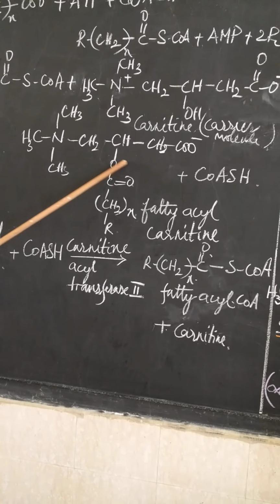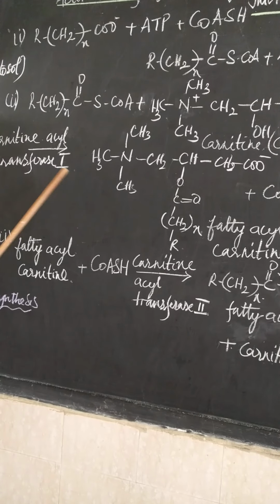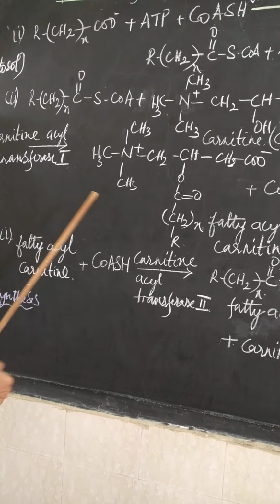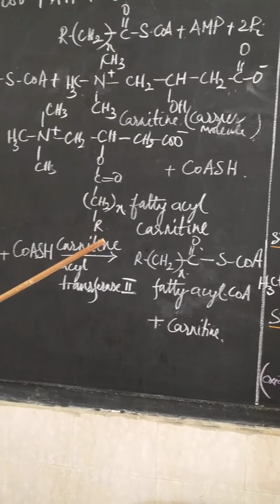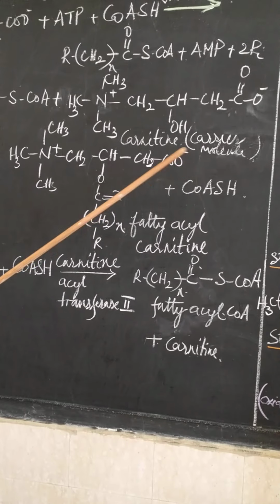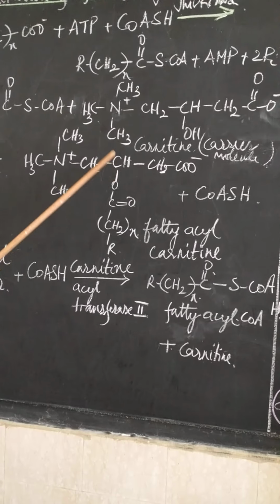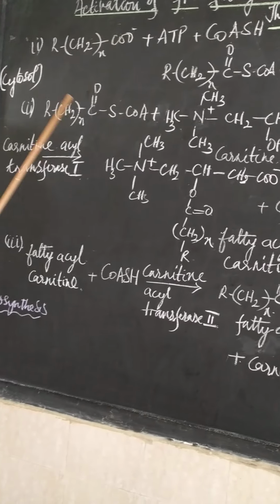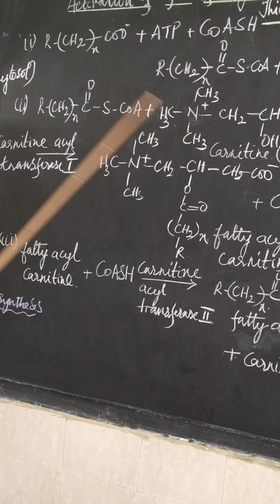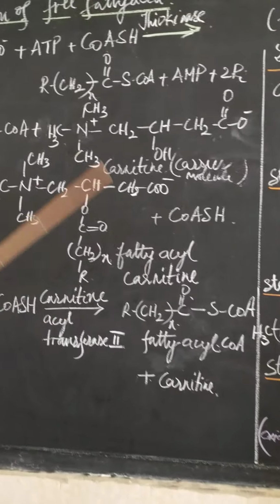My big molecule, the fatty acid, is loaded onto the carnitine in the cytosol, and the CoASH is left free. How was this fatty acyl carnitine formed? By the action of carnitine acyl transferase 1, which transferred the acyl group onto this position.